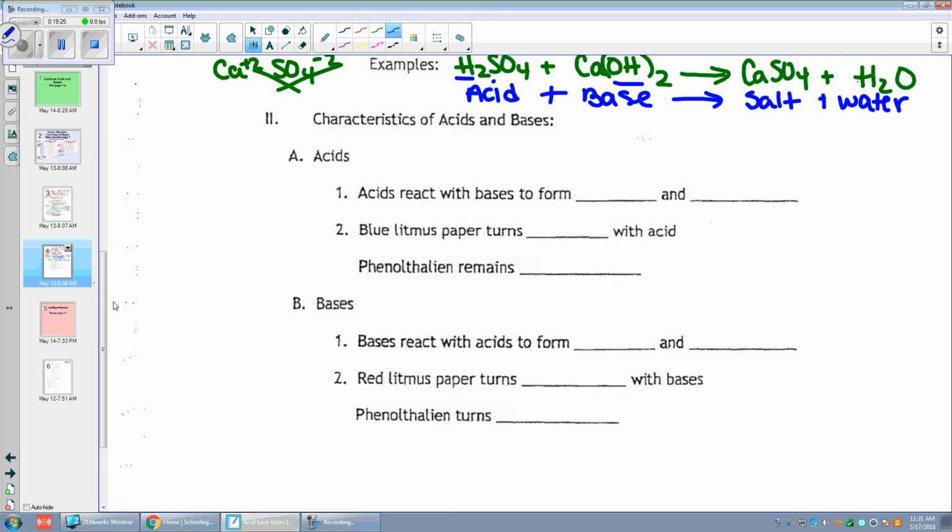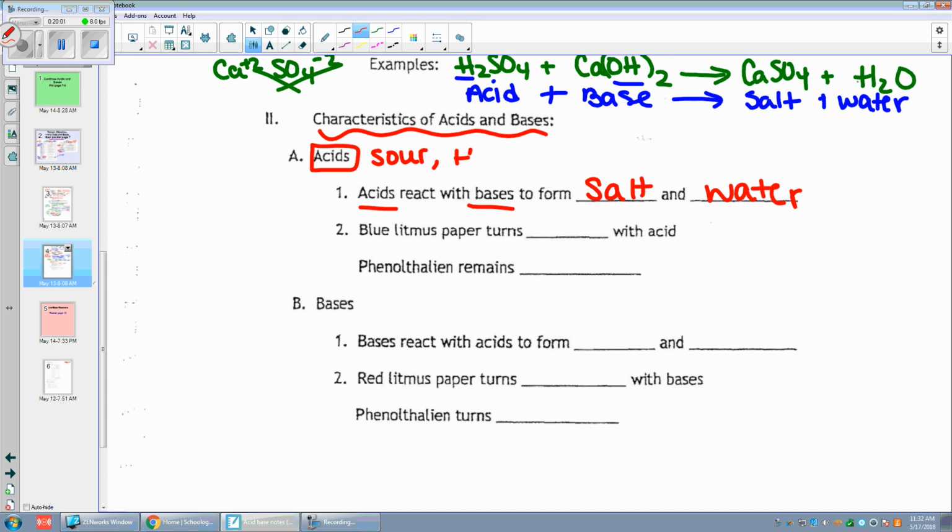We also have to do our characteristics of acids and bases. So we want to know a few things about them, starting with acids. Acids, just like we learned, react with bases to form salt and water, always. And I can write a few things about them. Acids taste sour. They have H plus or H3O plus.